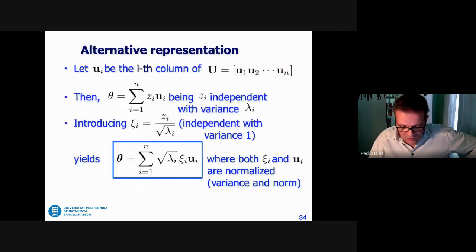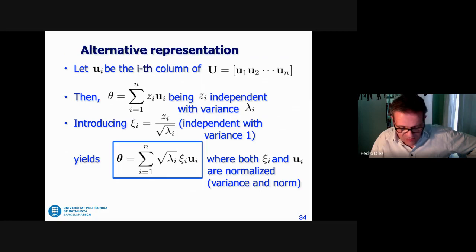So we can represent the vector theta as a linear combination of the components of Z and the columns of matrix U. This is the standard change of basis. The only additional modification is that we normalize the z's, since the variance of each of the z's is precisely the lambdas, the values of the matrix that stands for the covariance of the z's.